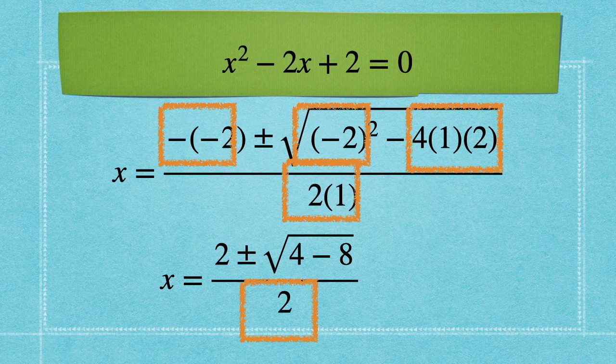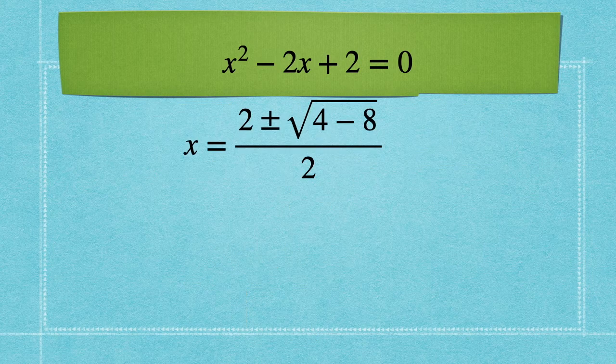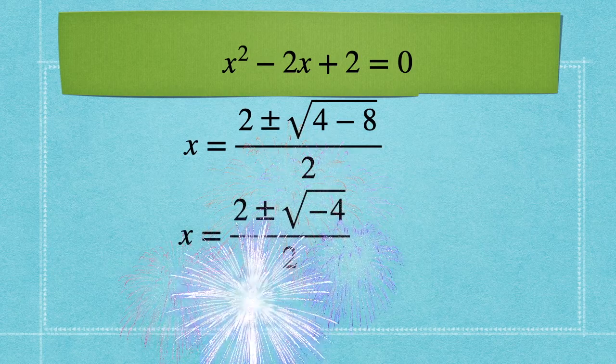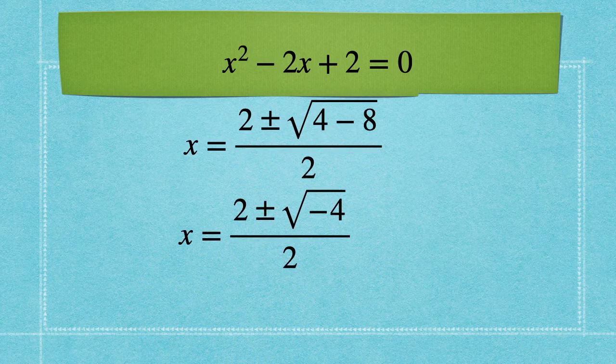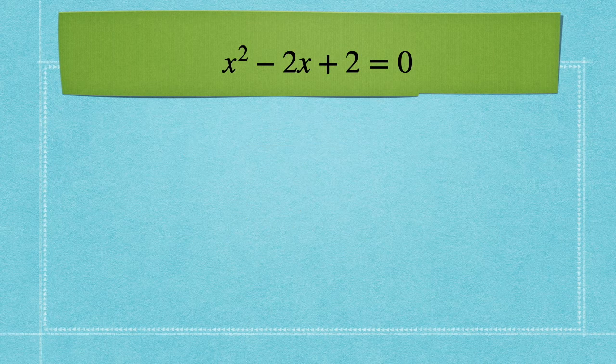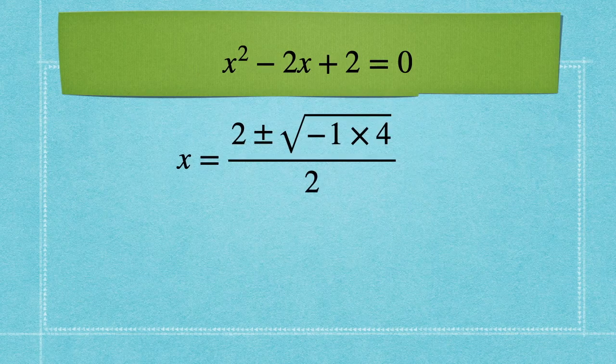Now our next step is to simplify further what we have below the square root sign. 4 minus 8 gives us a negative 4 that you're seeing below the square root sign. Now negative 4, we can split so it becomes negative 1 times positive 4. That's what I'm doing right here below the square root sign.